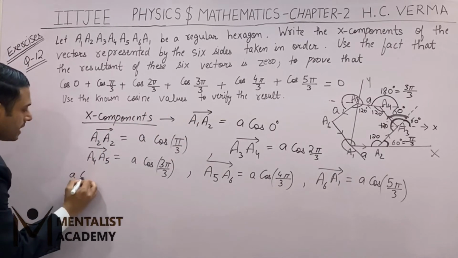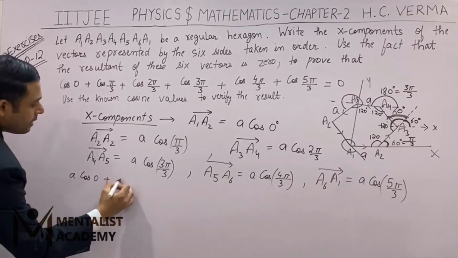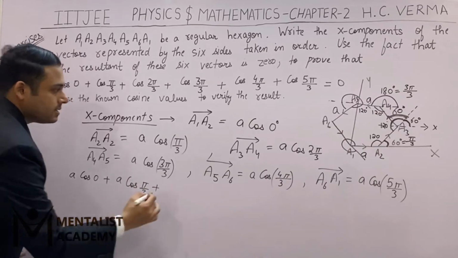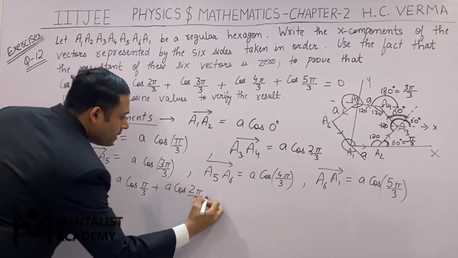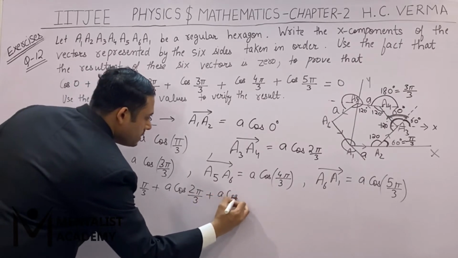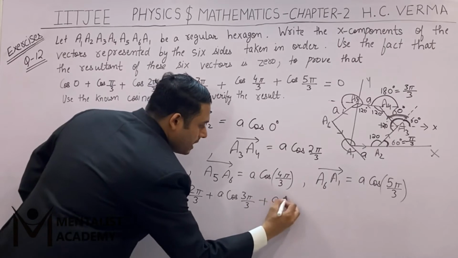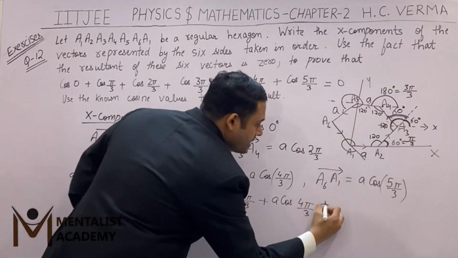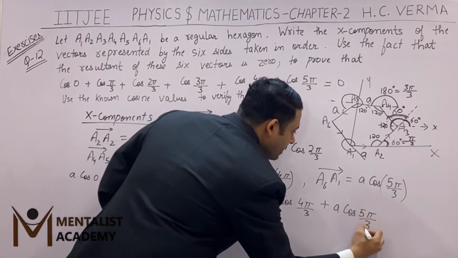That means a cos 0 plus a cos pi by 3 plus a cos 2 pi by 3 plus a cos 3 pi by 3 plus a cos 4 pi by 3 plus a cos 5 pi by 3.